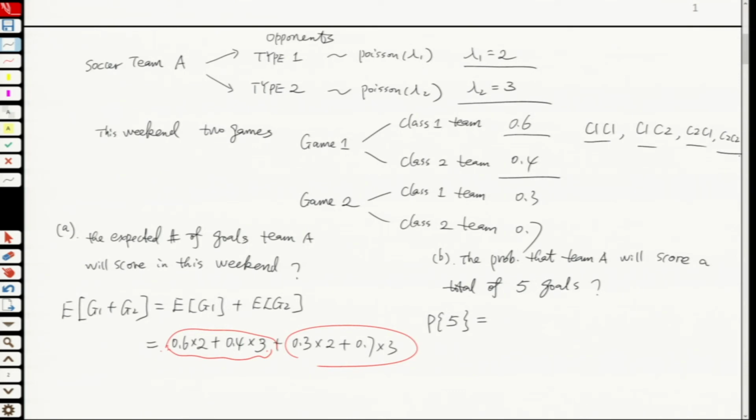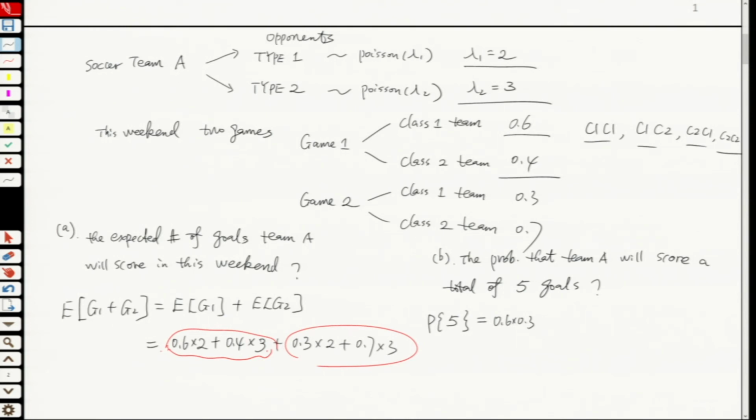In the first scenario, class 1 and class 1, the probability is 0.6 by 0.3. And if you play with class 1 and class 1, you actually have 2 Poisson random variables together. You sum them up, it's still Poisson, right? That's what we discussed in the previous class.